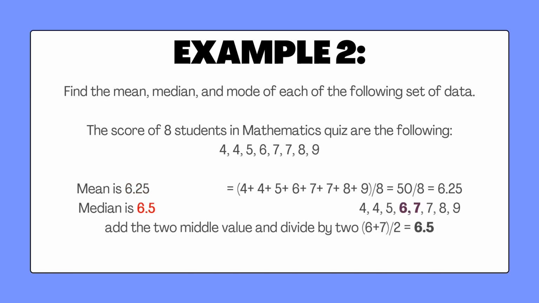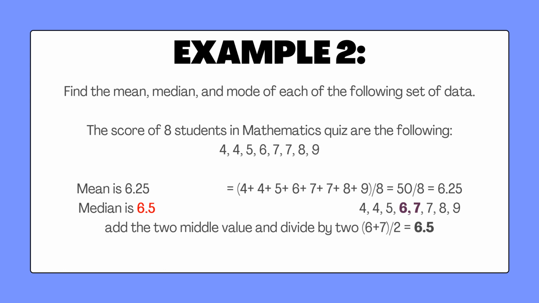To find the median, we arrange the numbers in ascending order and then find the middle value. If there are two middle values, we take their average. Arranging the scores in ascending order: 4, 4, 5, 6, 7, 7, 8, 9.